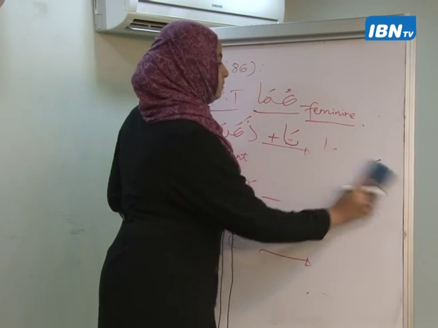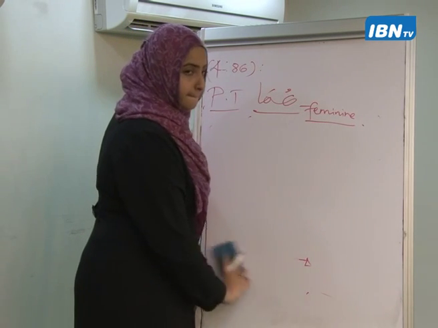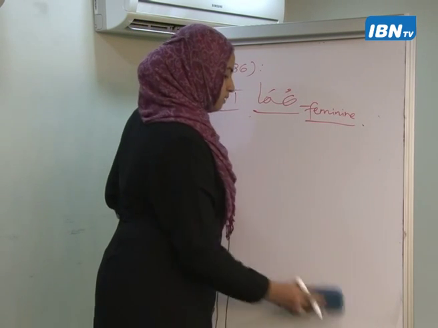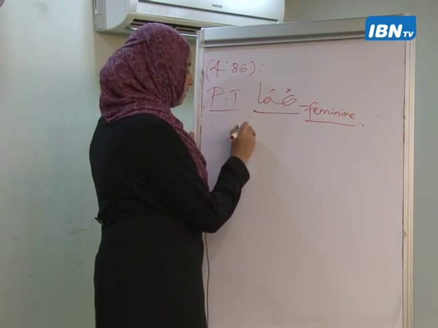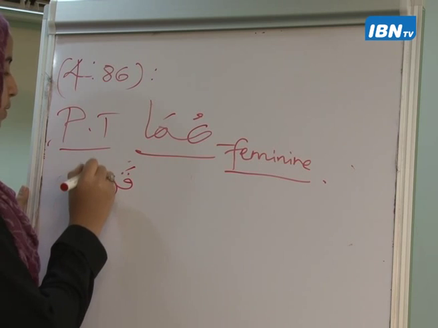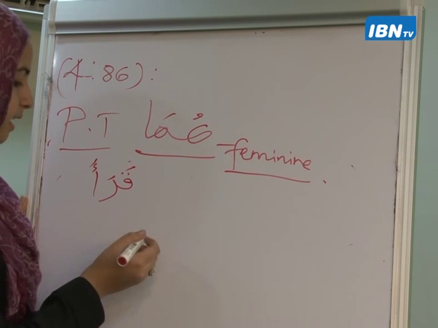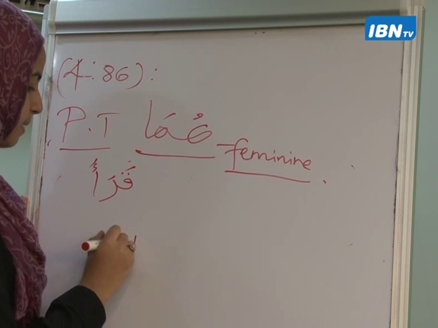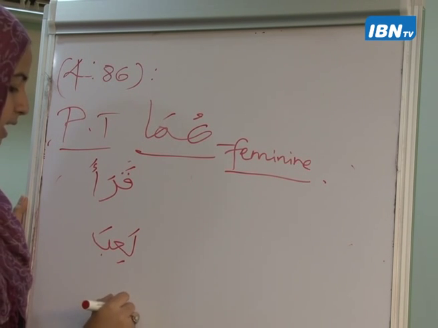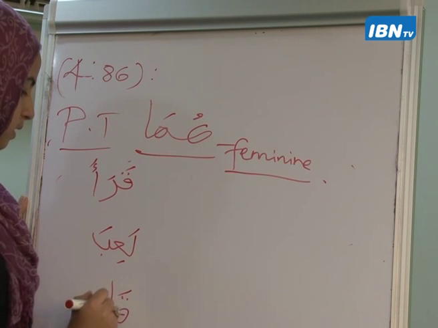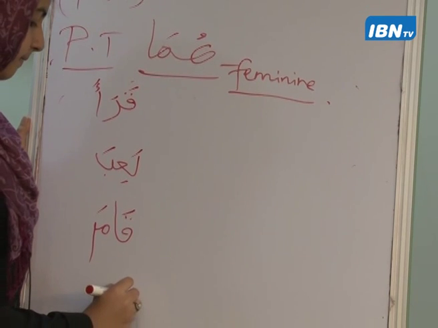Right, so let's look at other examples. So let's say I have qara'a. Now you're going to try and fill this up for me, okay? Qara'a. Let's say I have la'iba. Let's say I have qama. Say I have nadhara.